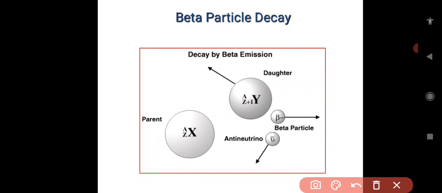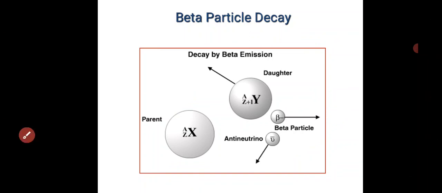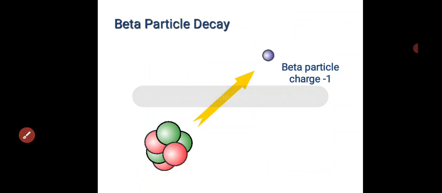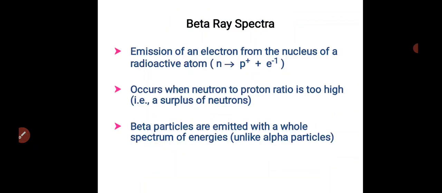You may be asked to explain beta decay or give an example for beta decay. It is the emission of an electron from the nucleus of a radioactive atom.